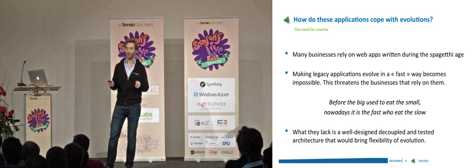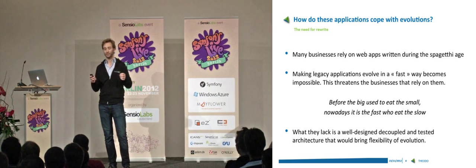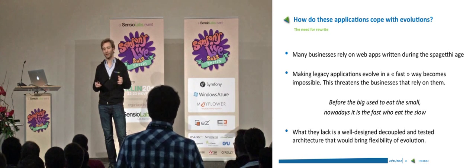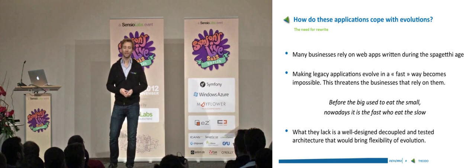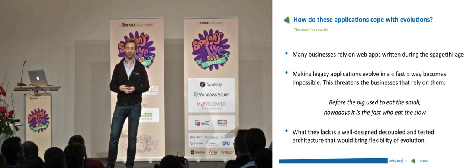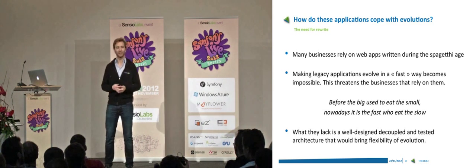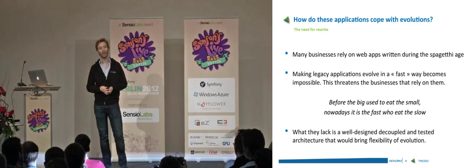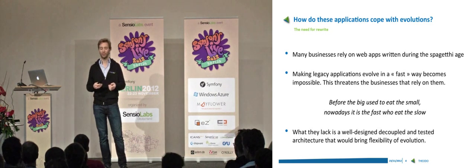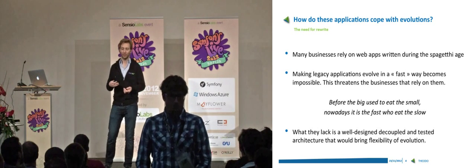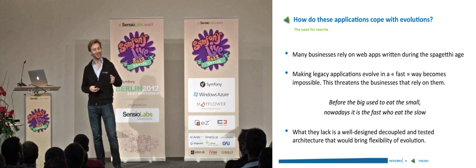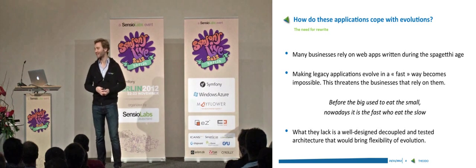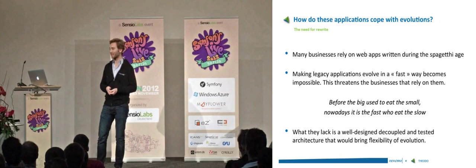What is really bad about spaghetti code is that it's really hard to make evolutions on it in a fast way. So the businesses that are not able to change their assets in a more flexible way will most certainly lose competitiveness. Some competitors will be faster than them, and that will be really bad for the businesses.